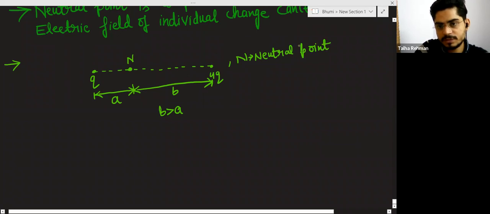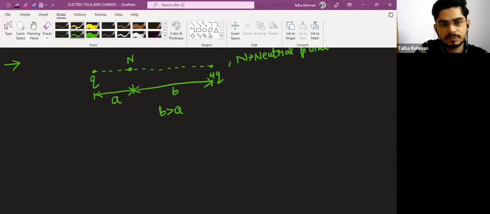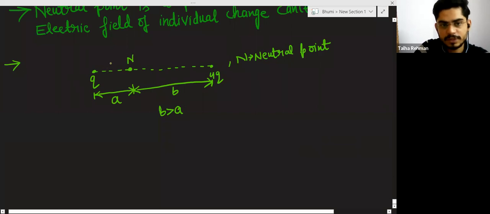Neutral point means, when you calculate the electric field due to this charge, which is a positive charge, the direction of the electric field will be in this direction. Suppose this is charge 1 and this is charge 2. The direction of E1 is in this direction, and E2 is in this direction, because this is a positive charge and the field is away from it.